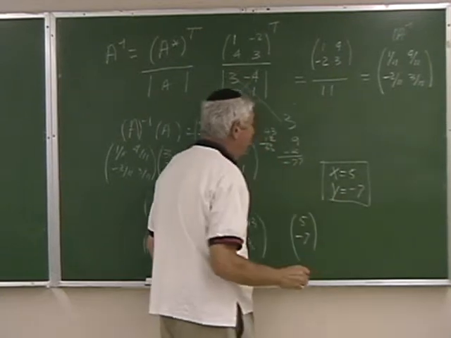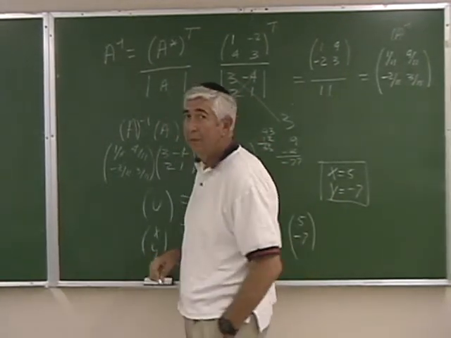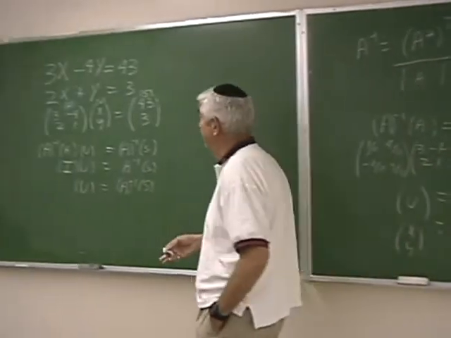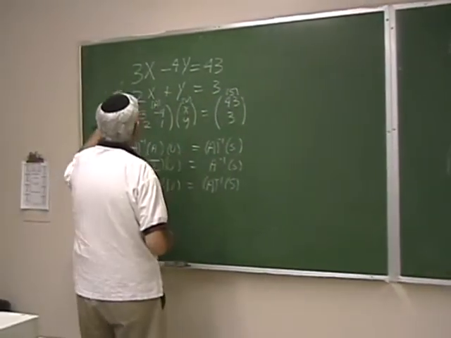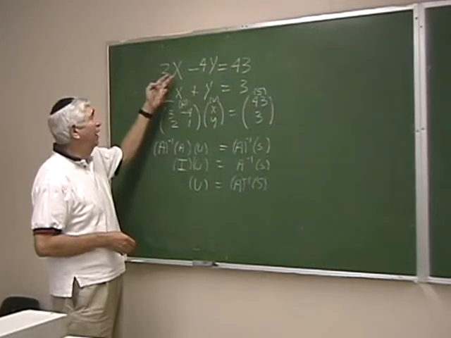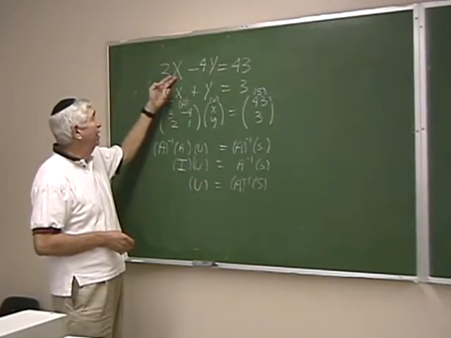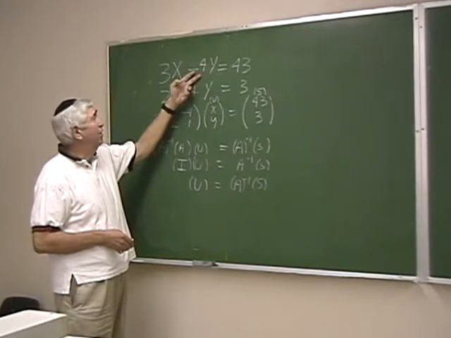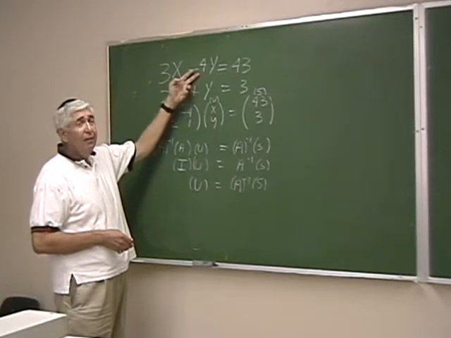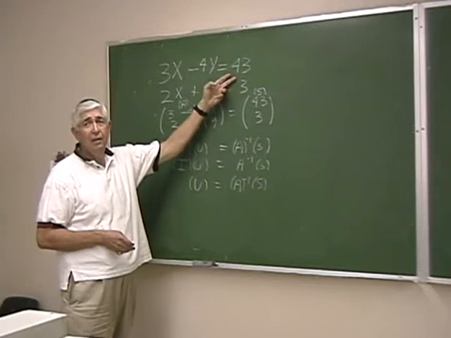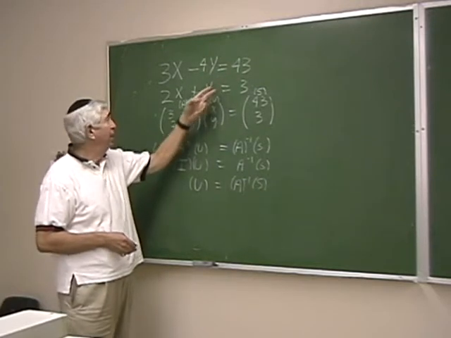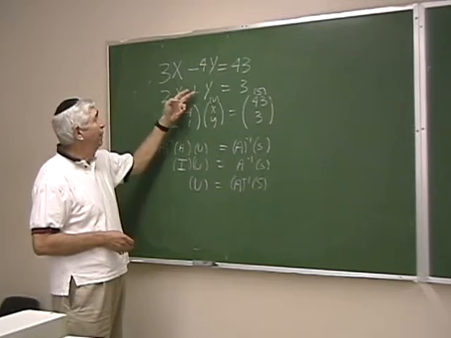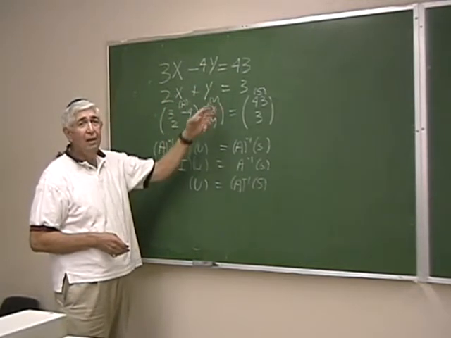Now, does that work? Going back to the original equation, 3 times 5 is 15, and minus 4 times minus 7 is plus 28. And 15 plus 28 is 43, so that works. 2 times 5 is 10, minus 7 is 3, so that works.